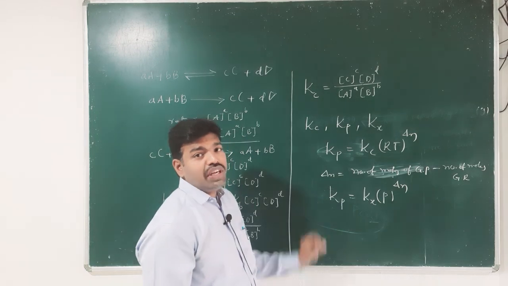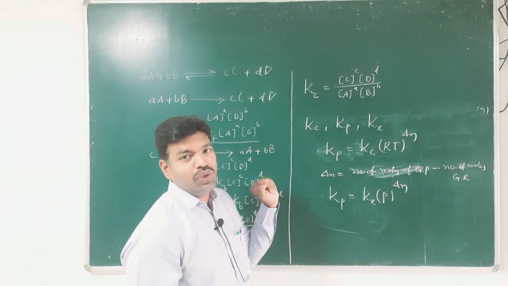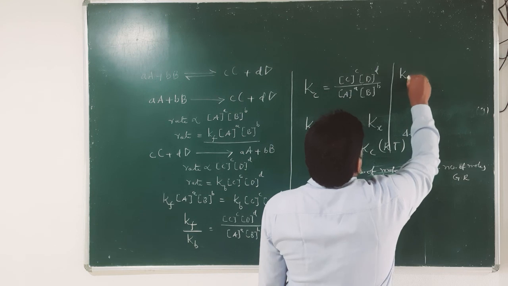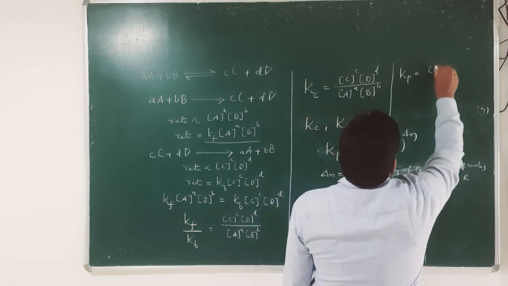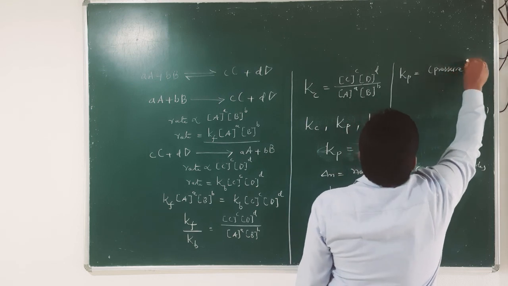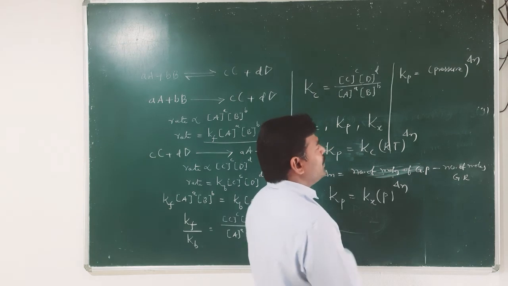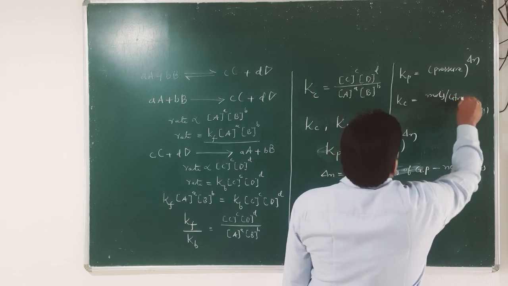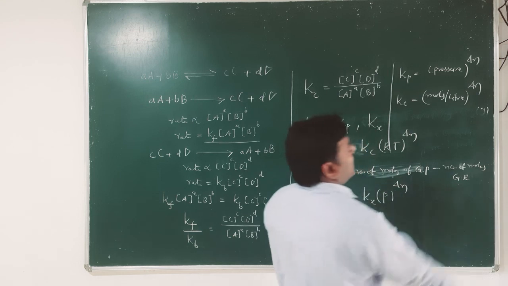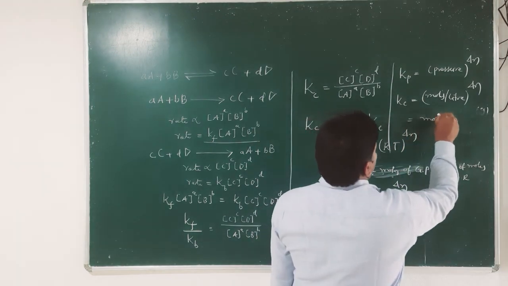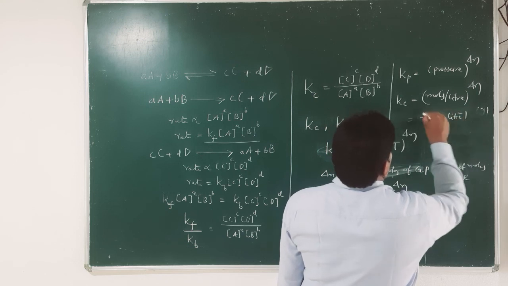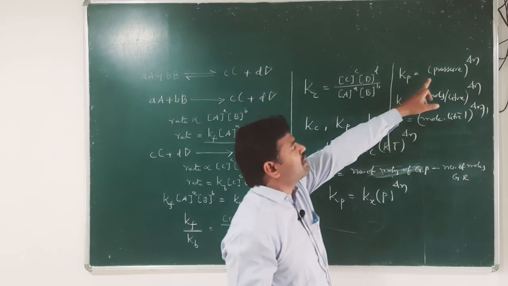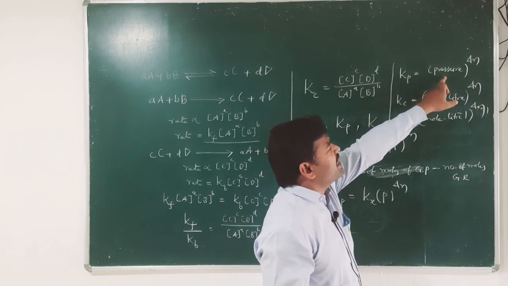Now, coming to the units of Kp and Kc: units of Kp is equal to pressure units power delta n, and units for Kc is moles per liter whole power delta n, or we can write it as mole liter inverse power delta n, right.